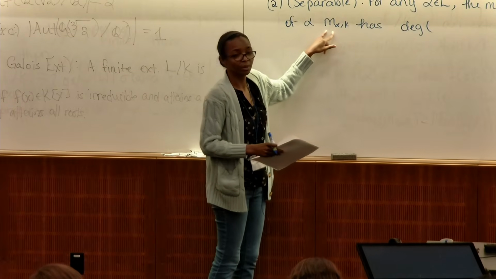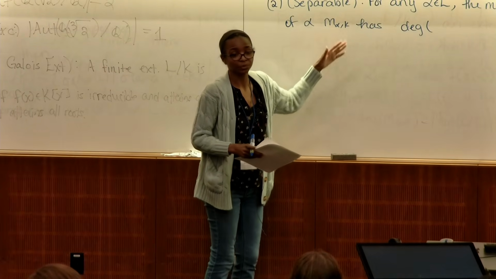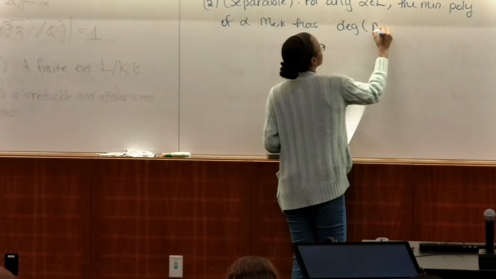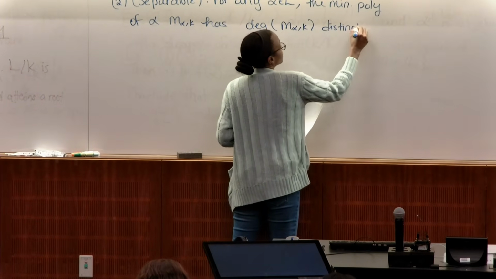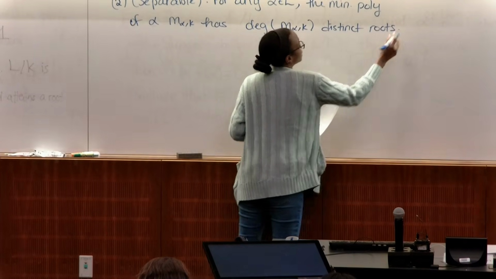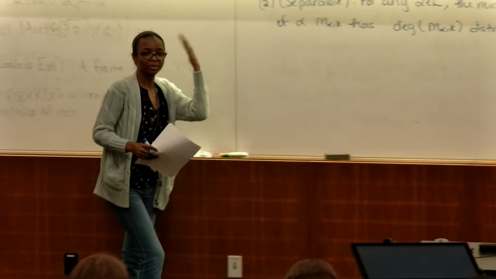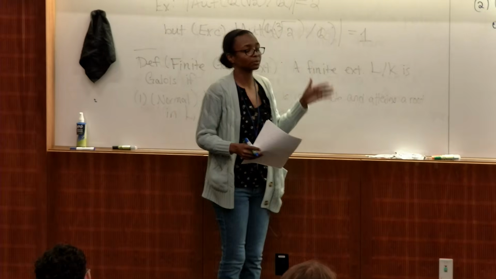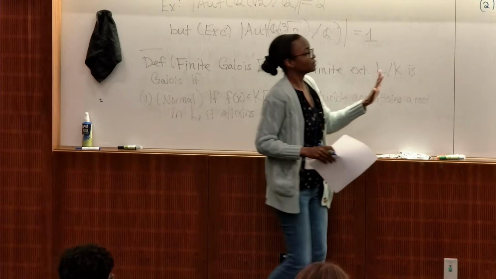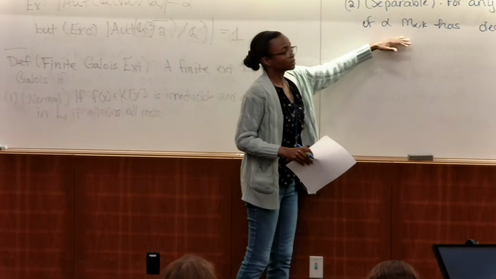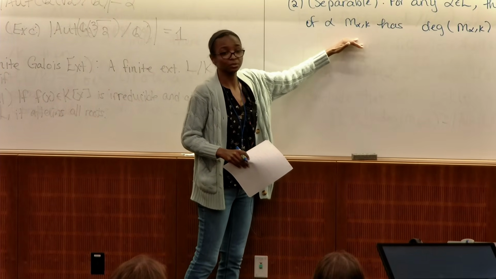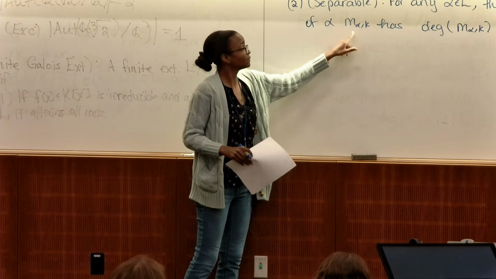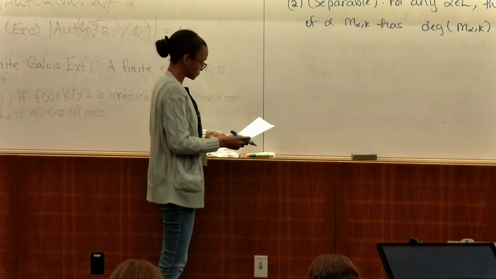So if I have a degree n polynomial, I expect n distinct roots. And implicitly, I'm saying something about algebraic closures, but I'm not going to belabor the point. If you want to just think of, for right now, working in some subfield of the complex numbers, then all we're requiring is that it has distinct complex roots, so n distinct complex roots if the degree of the polynomial is n. Okay.